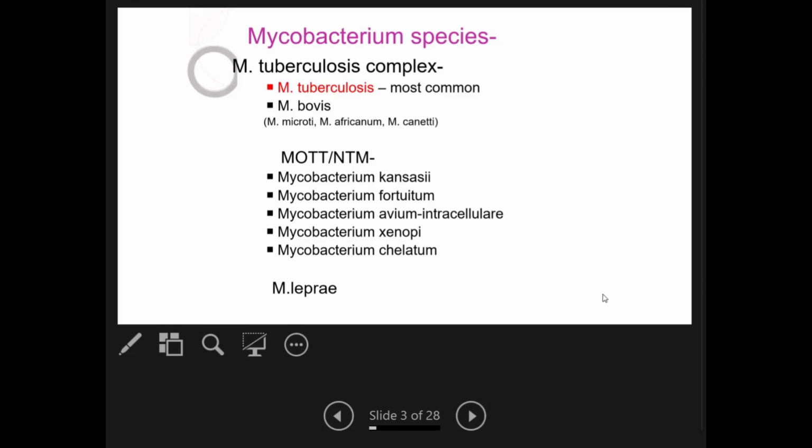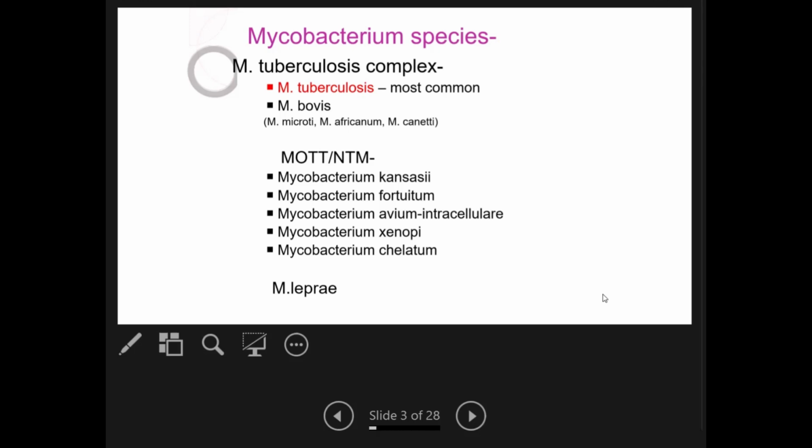Just to touch on what we are going to diagnose: as described, Mycobacterium tuberculosis is a complex. It has a lot of species in it, and complicating it more, we have some other non-tuberculous mycobacteria also.